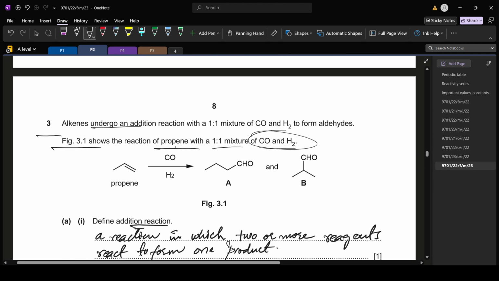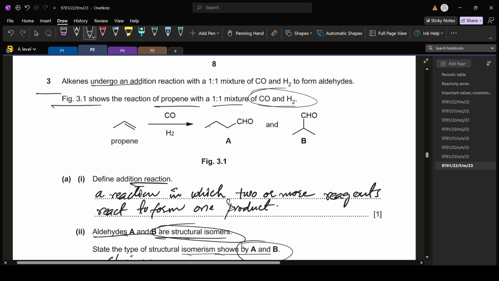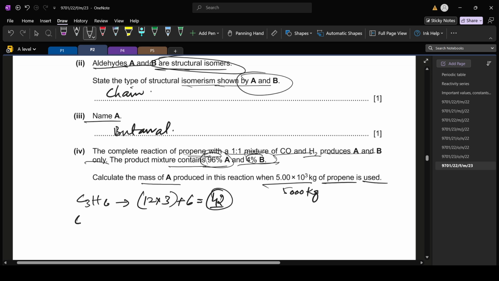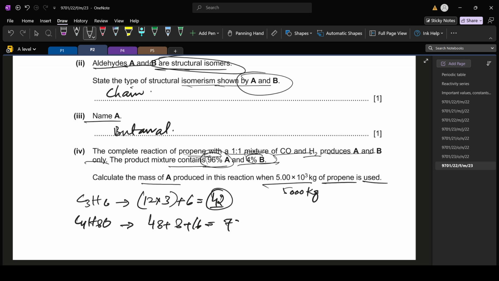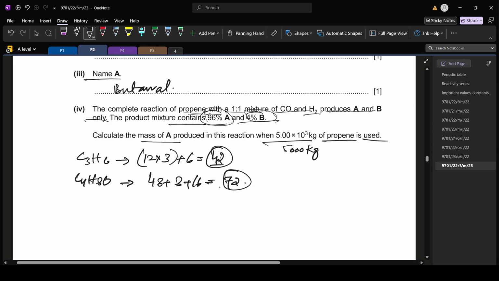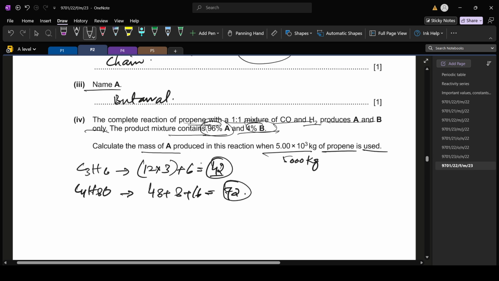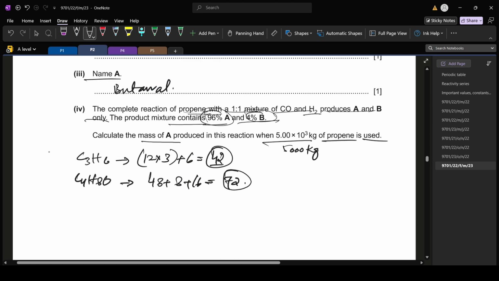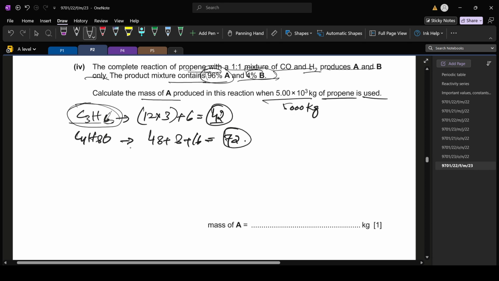And if you see, what is the mass of this A, butanal? 1 2 3 4. So C4H8O. So 48 plus 8 plus 16, so it will be 72. Okay, so firstly we will find the moles of this propene. The moles of propene will be 5,000 divided by 42.